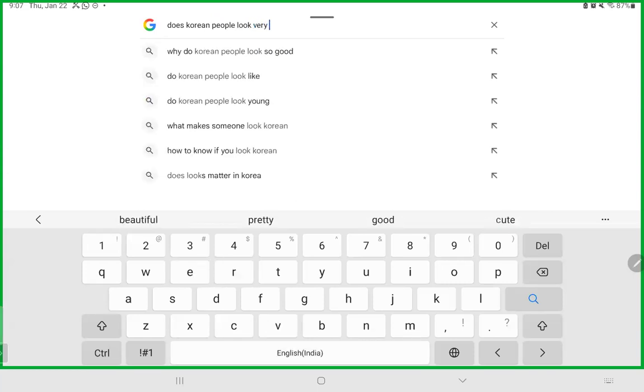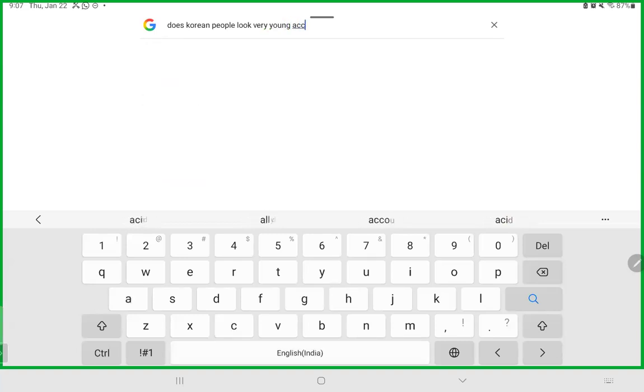I won't say very young, but young according to their age. So search for Paul Sun Lee. He ran a very popular show. If you look at him, he looks like a proper 60-year-old Korean man. Yes. Then Indian. Let's see.